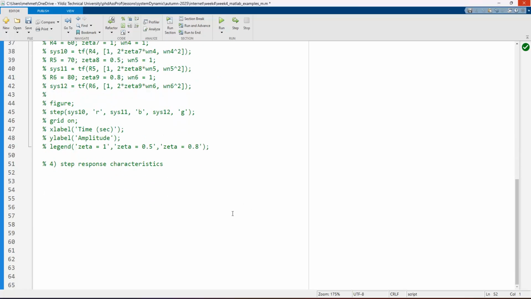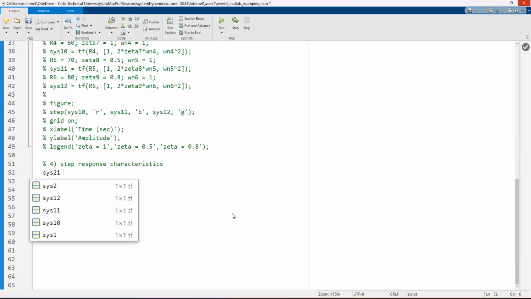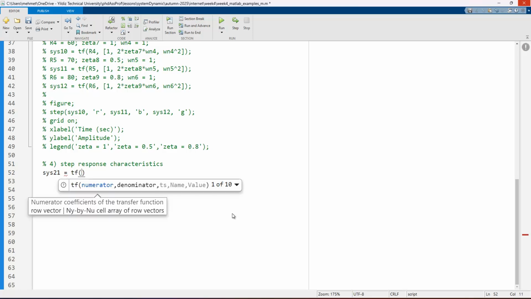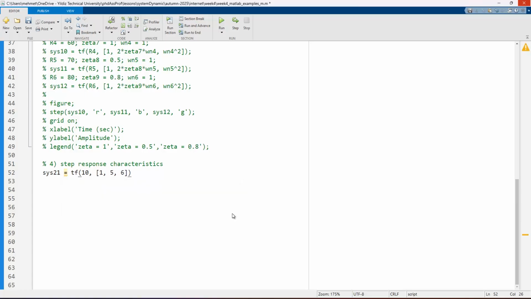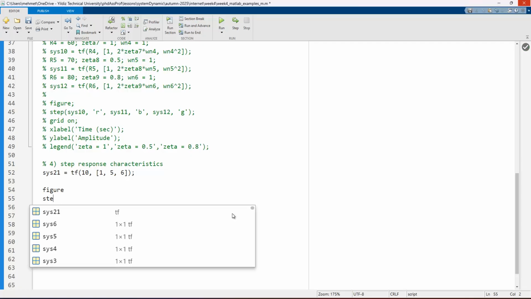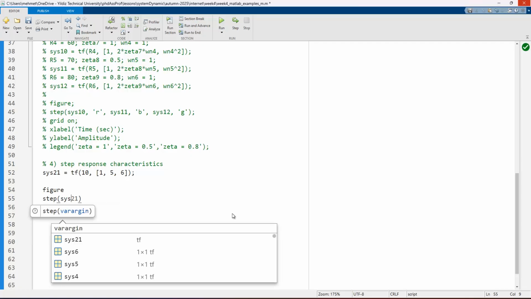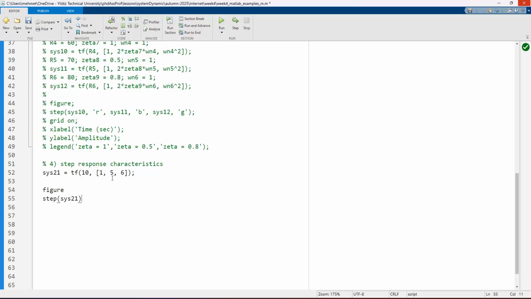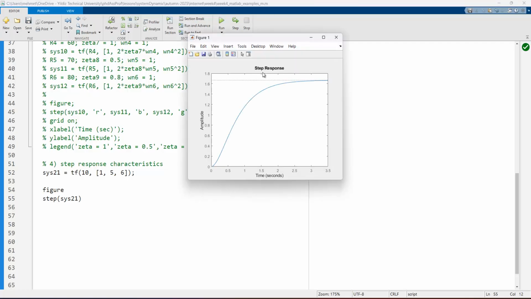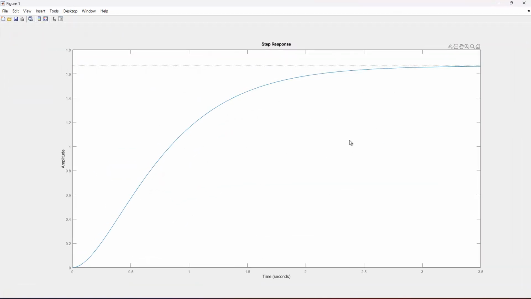For example, we can define sys1 equals TF, 10 is our gain, and 1, 5, 6, which means that we have s squared plus 5s plus 6 at the poles, okay? And so we can figure this step signal here, just like this one. We can apply the unit step signal to this transfer function, and we will have this kind of parameter.